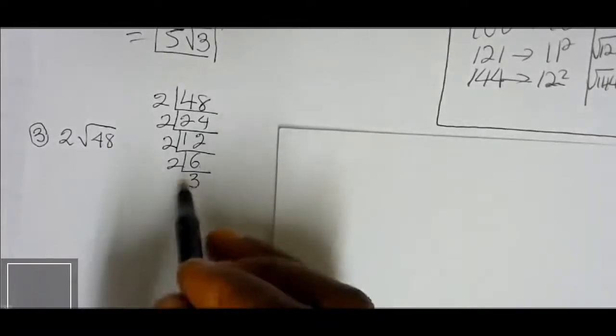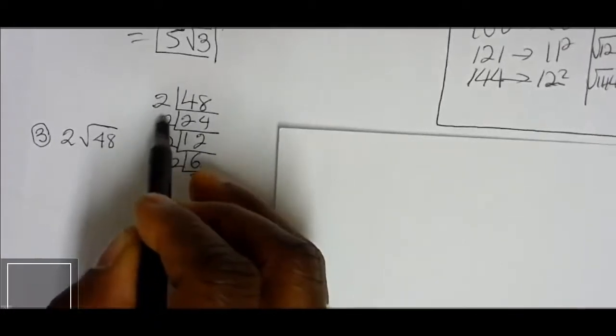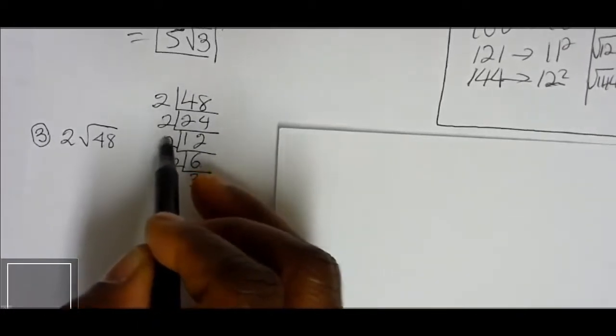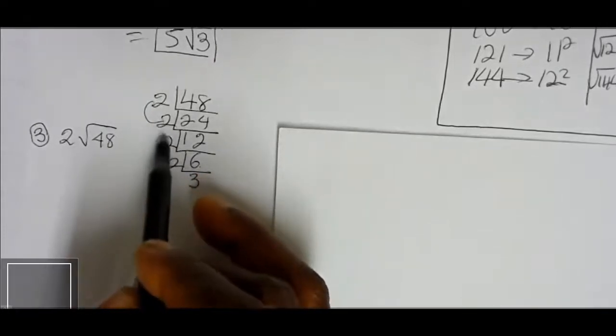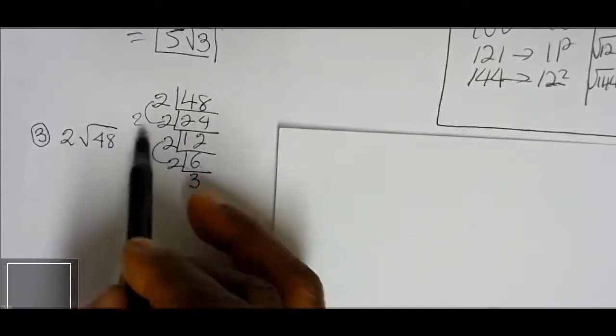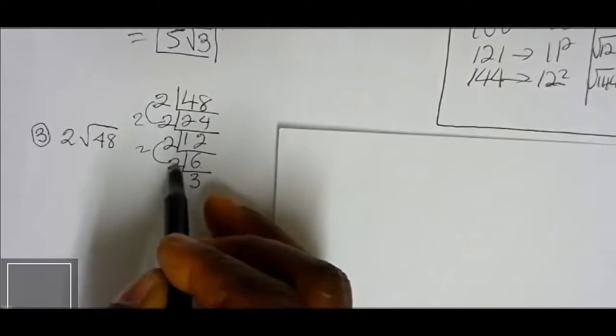Then 3 is also a prime number. So here we have four 2s and a 3. 2 times 2 is 4, 4 times 2 is 8, 8 times 2 is 16.